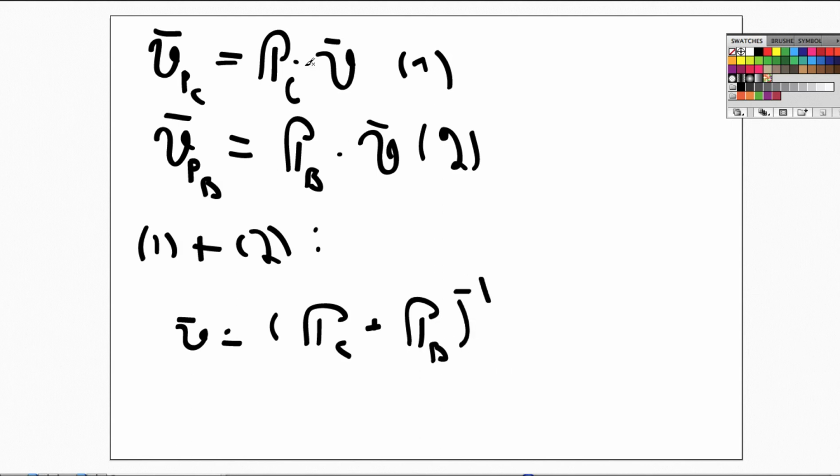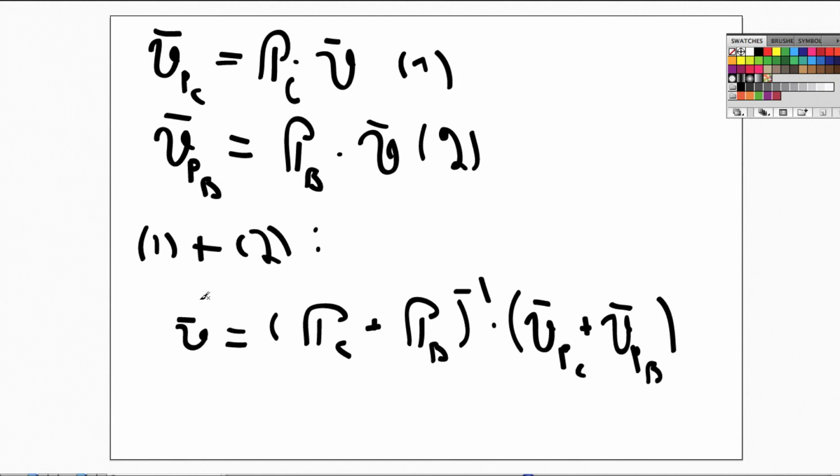Even though the inverse of PC or PB alone does not exist, it turns out that the inverse of the sum of PC and PB does exist. So this is a well-posed problem, and we multiply by the sum of VPC and VPB. That's our solution. Using information from two different directions, we are able to solve for the actual true three-dimensional velocity of the CME in our imagery.